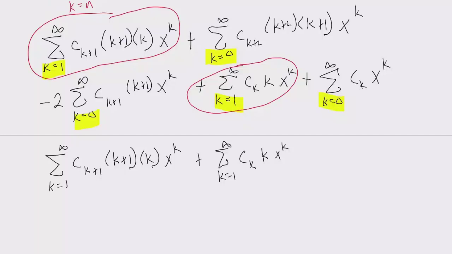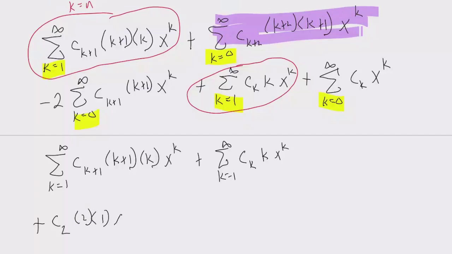So in this first one right here, if I evaluate it at 0, so I'll put a plus here, that's going to give me c 2 times 2 times 1 times x to the 0.